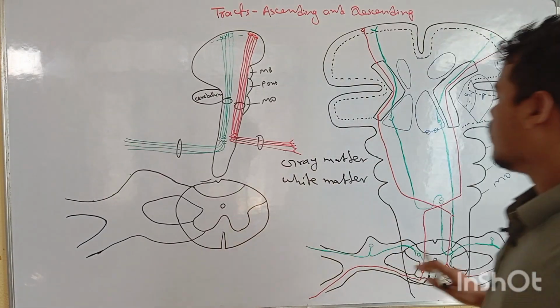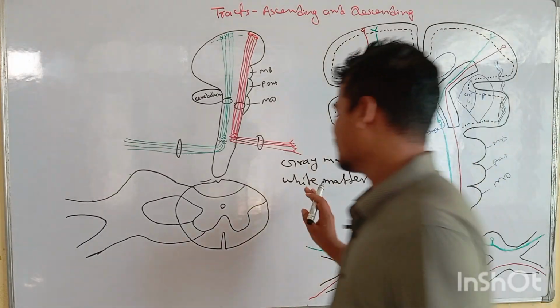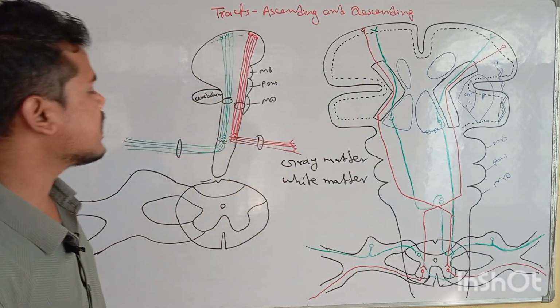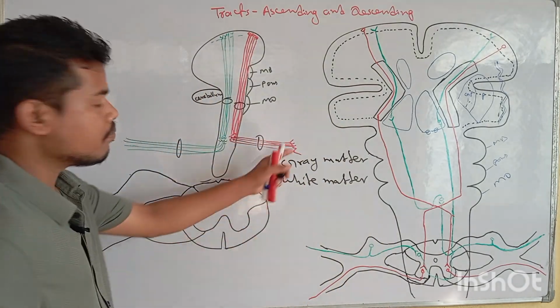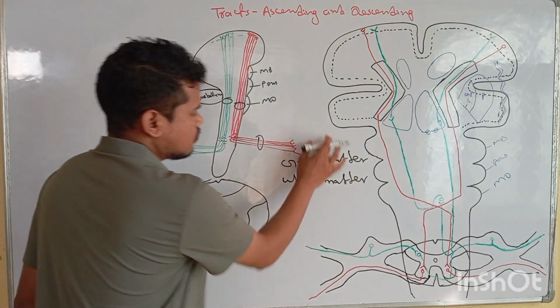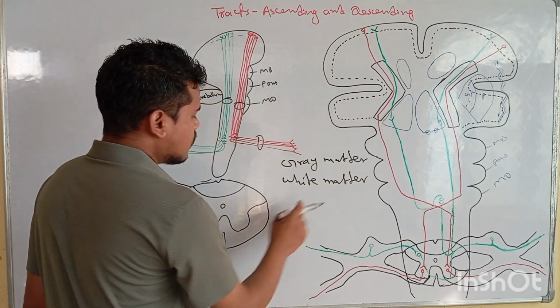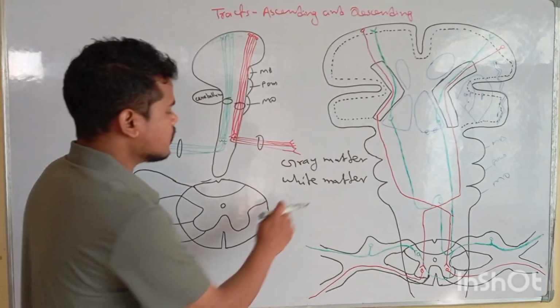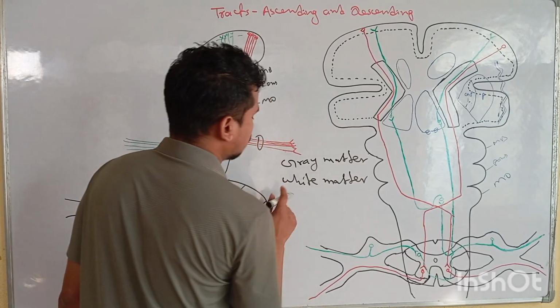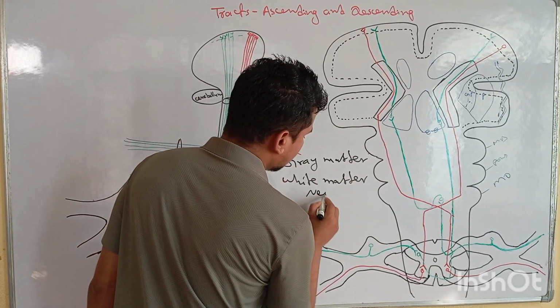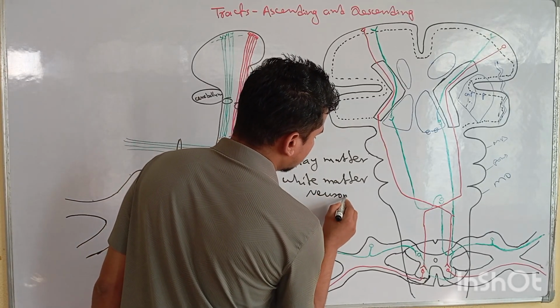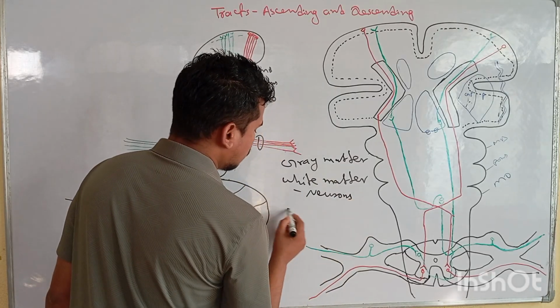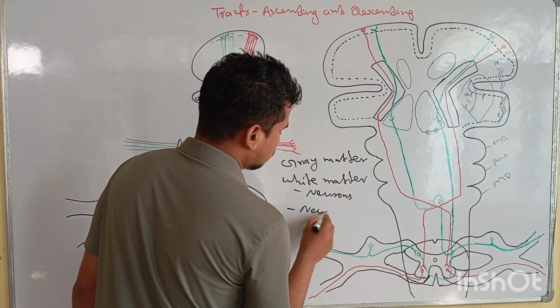Okay, leave that. So what is gray and white matter? Dear friend, before I explain this, in the nervous system there are mainly two types of cells. One is the neurons, and the other is the neuroglial cells.